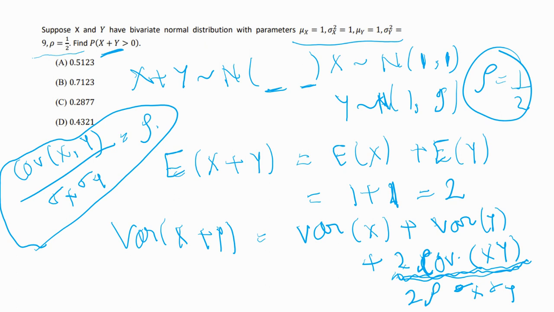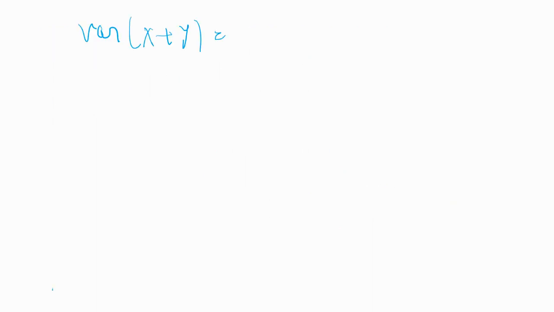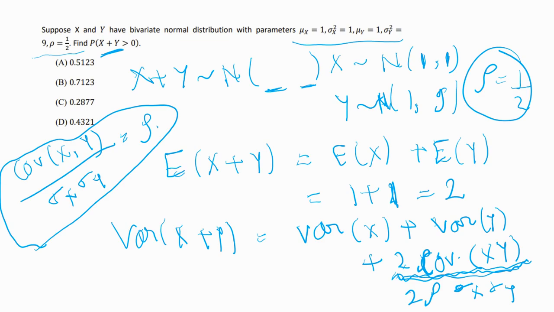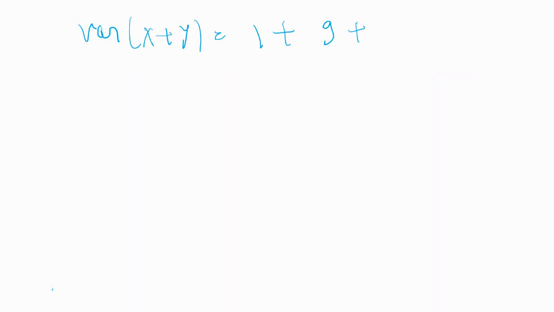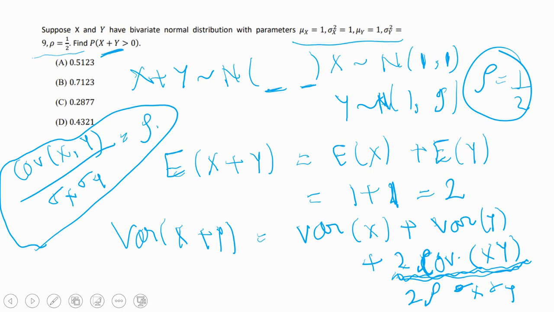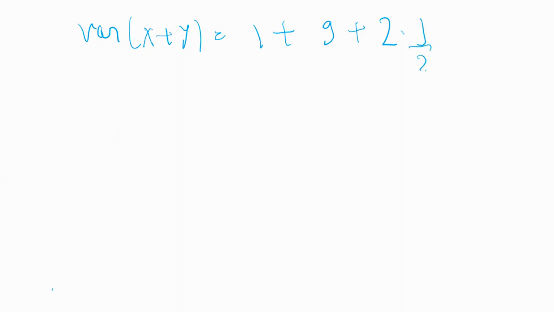So variance of x plus y will be: variance of x is 1, variance of y is 9, and then 2 times rho, rho is 1 by 2, sigma of x is 1 and sigma of y is 3, where sigma is the square root of the variance.